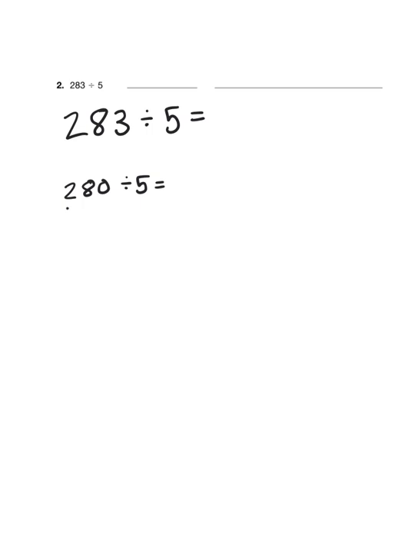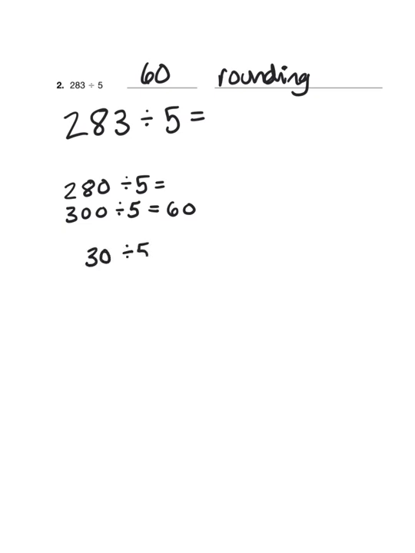If we rounded it to the nearest 100, we would do 300 divided by 5, and I think I could do that pretty easily in my head. 300 divided by 5 would give me 60. Rounding. And again, just like the last problem, you could also say that that's compatible numbers because 30 divided by 5 equals 6. That's a fact family that you probably are familiar with, and then you would just extend that reasoning to know that 300 divided by 5 is 60.